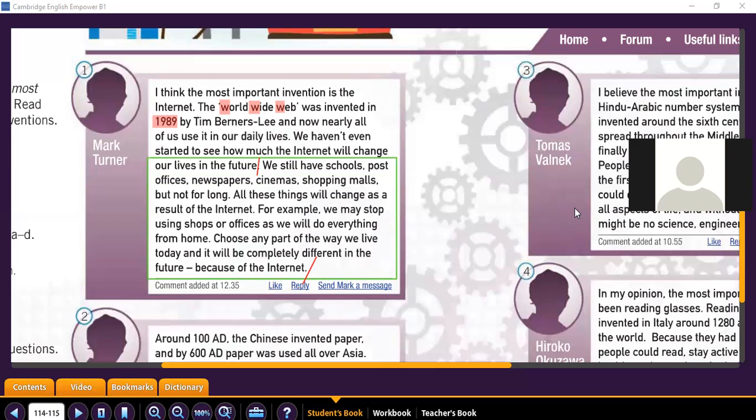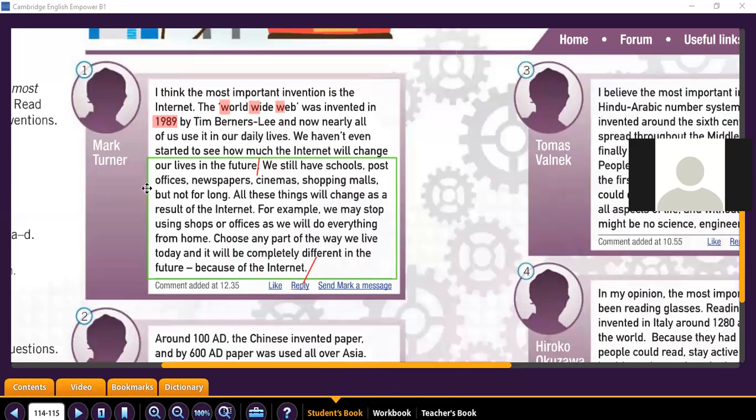Choose any part of the way we live today and it will be completely different in the future because of the internet. Okay, exactly. So here we have, we still have schools, post office, newspapers, cinemas, shopping malls, and so on, but not for long.